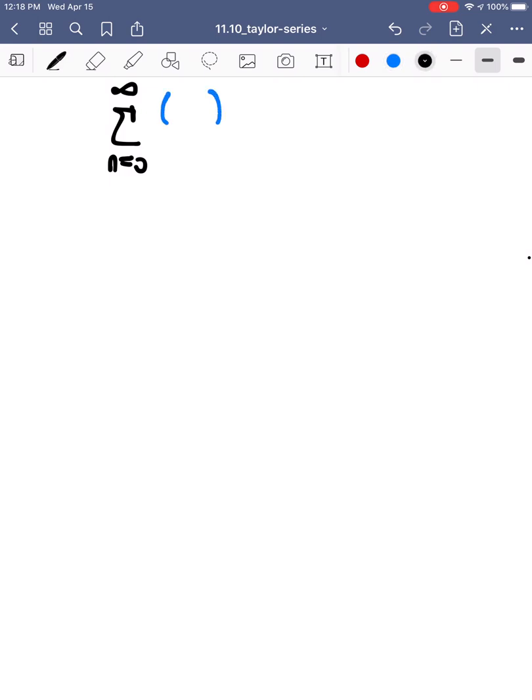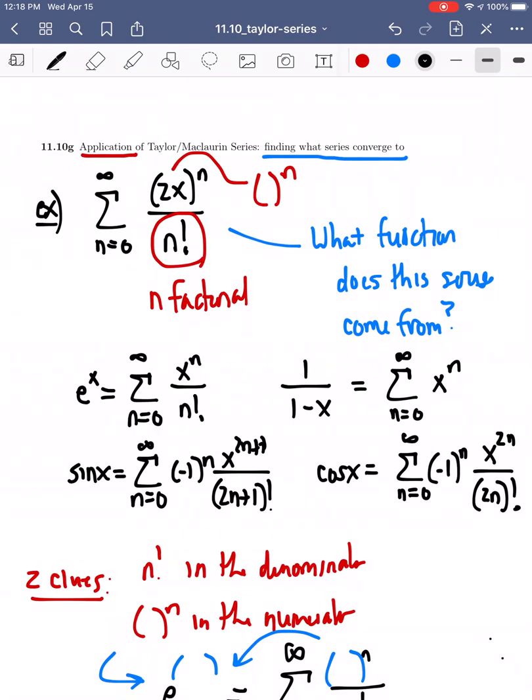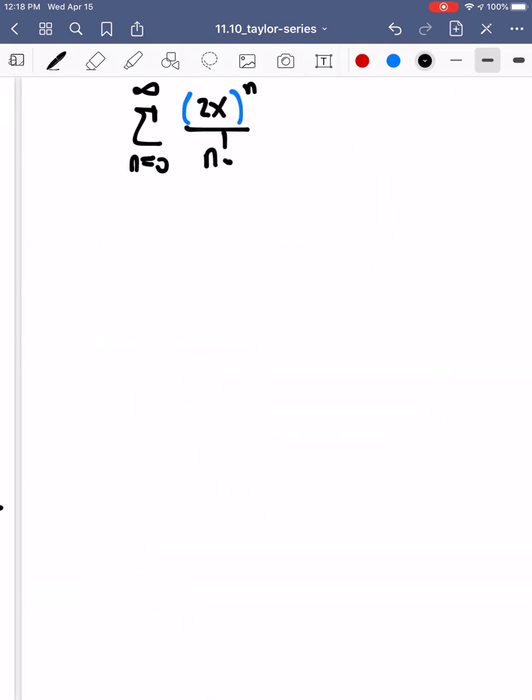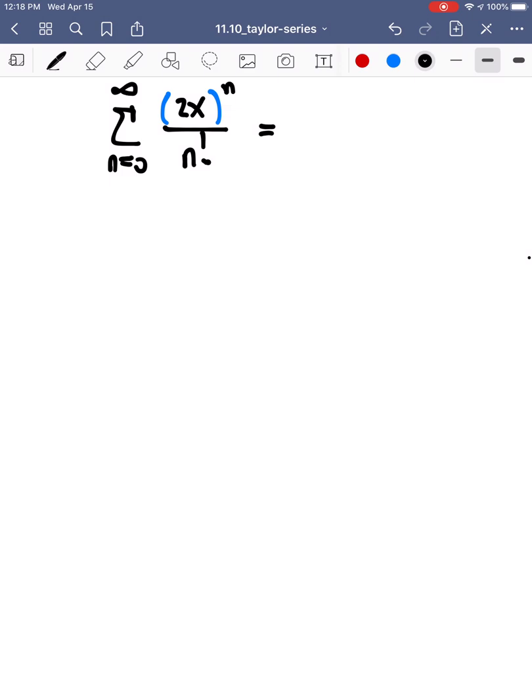We're able to write the series as just 2x, quantity raised to the nth power, all over n factorial. And what we saw was this is perfectly in the form of the exponential function. So really what the series converges to is e to the 2x in its series functional form.